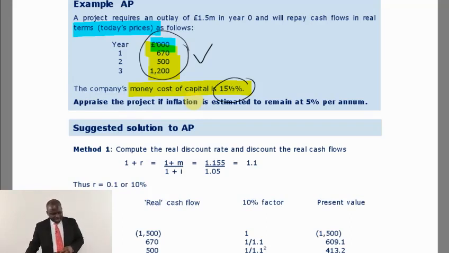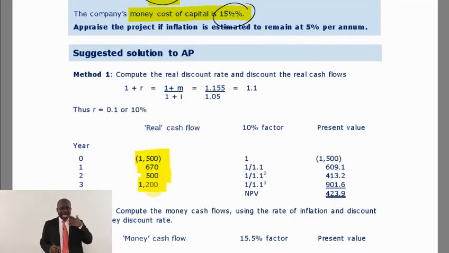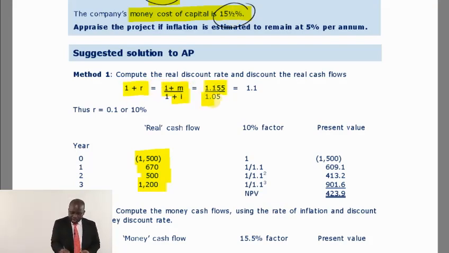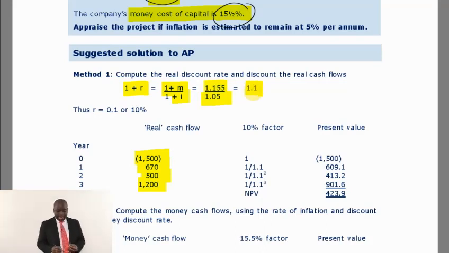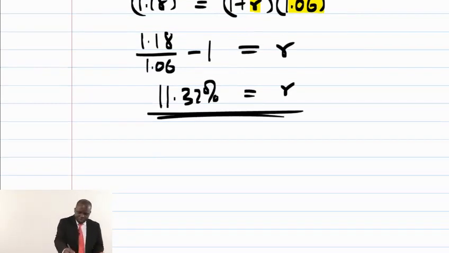Okay, so what we did here for you is we kept the cash flows at real, and there's the need for us to convert the nominal discount factor of 15.5% from nominal to the real. So if you see, this is what we did. If you want us to do it again, just as we did here, the same principle, we will say the nominal is 1.155 because it's 15.5%.